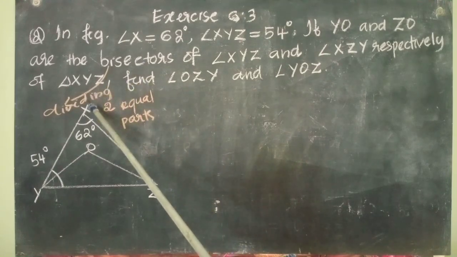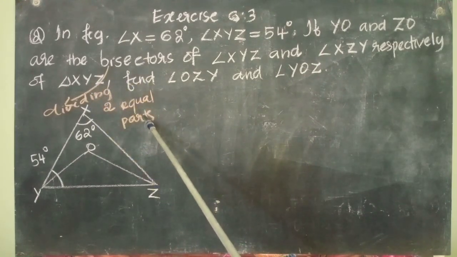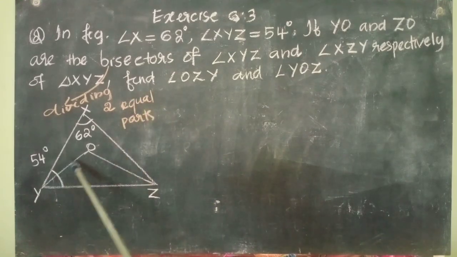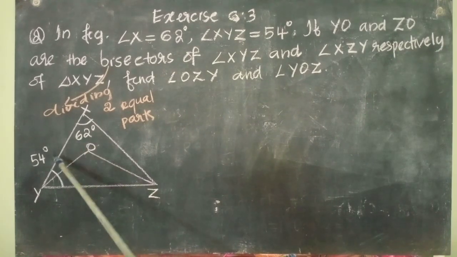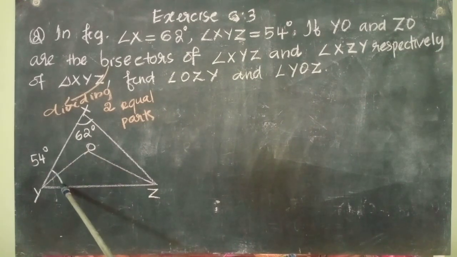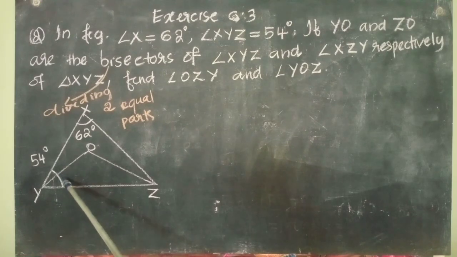Bisector dividing the angle into two equal parts. So here YO is the bisector. That means this YO dividing this angle Y into two equal parts. So these two parts are equal.